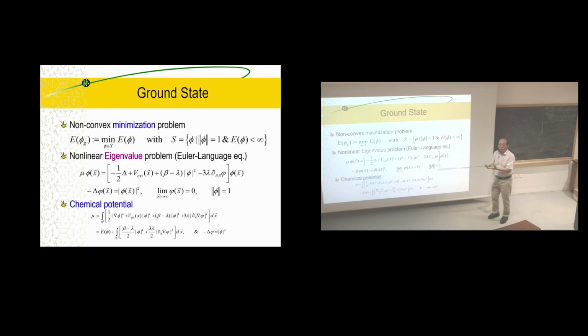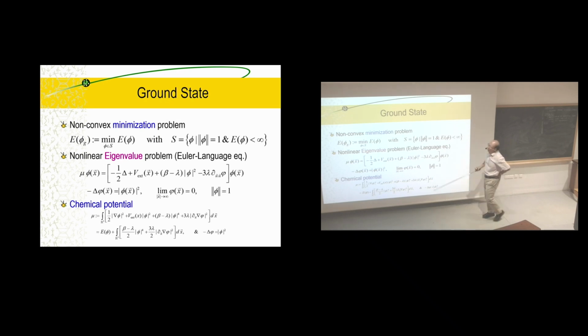Because what we study here is, given the number of particles, find the minimizer of the energy functional, which is different from the chemical potential or the eigenvalue. So of course, find the minimizer of the energy functional E of phi for all phi in this set S. S is the set of phi with L2 norm, the mass, equal to 1 and bounded energy. We say phi_g is a minimizer. Of course, since set S is a unit sphere, even in high dimension, it is a non-convex set.